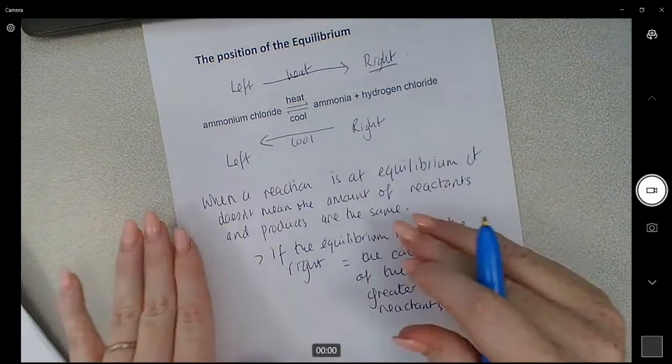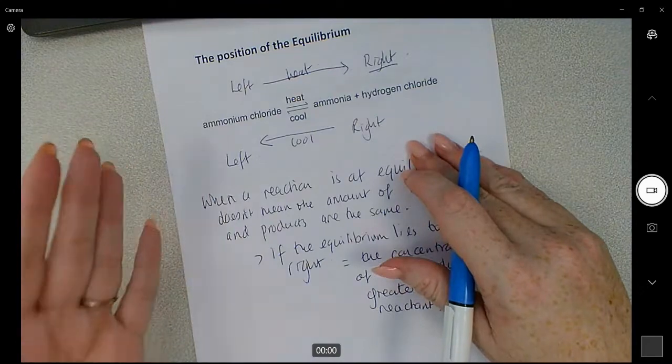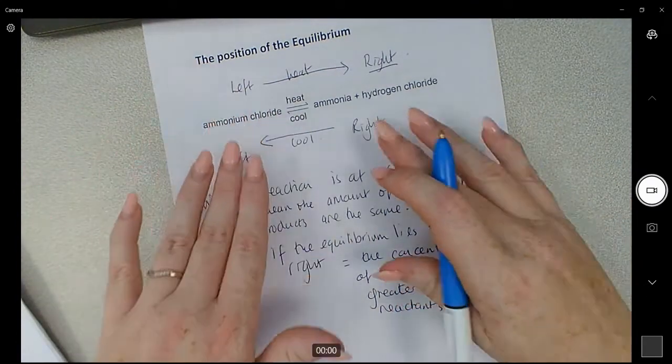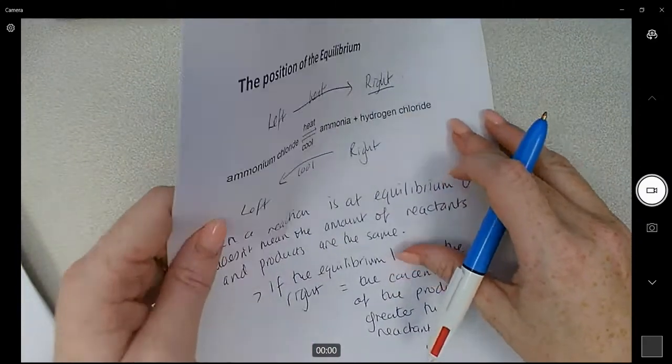Now, if it was the other way around and the equilibrium lay to the left, then what I'm saying there is that the concentration of the reactants would be greater than that of the products. So again, we're going to write that down.